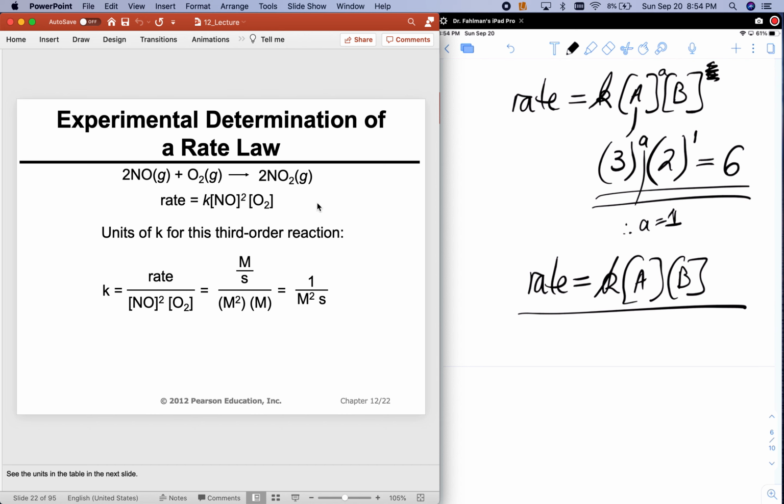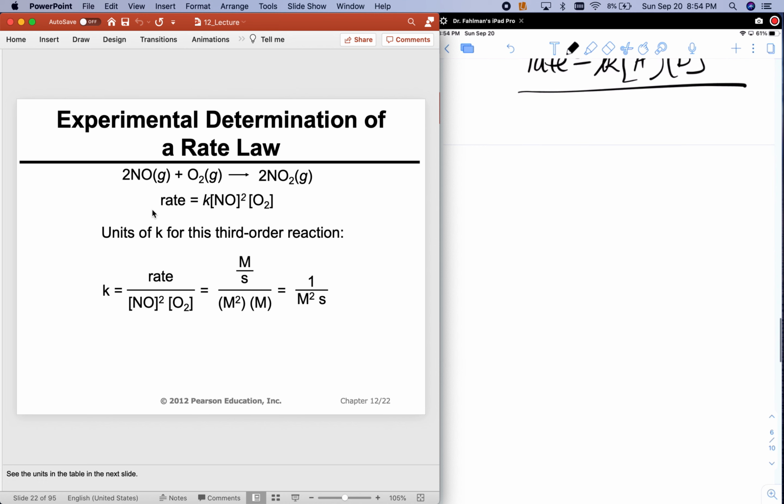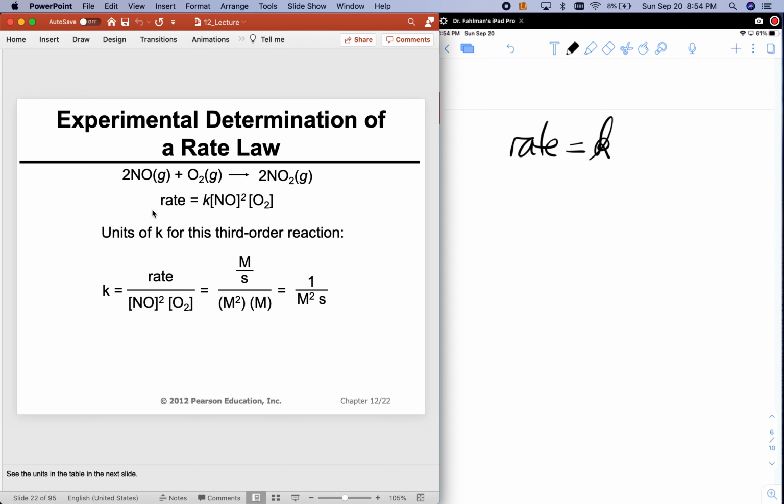All right, now this is where we get into units. The units for k for this, if I write this out explicitly, are what we already looked at for this exact one, but here it is seconds this time. So rate is k times [NO] squared times [O2].